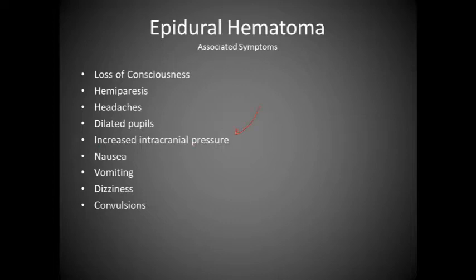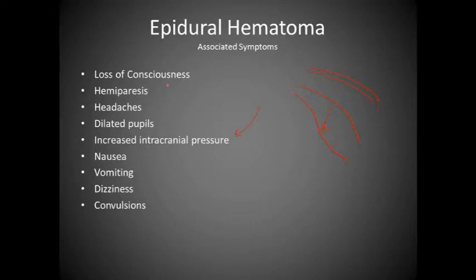The increased intracranial pressure is pretty much self-explanatory because you have the cranium here, and the dura mater should be up next to the cranium. But if you've got blood that is pooling into this area, then you may have this space here, and so that's going to thereby increase the pressure on the brain and cause many different things like consciousness changes, difficulties in doing many things, or having severe headaches, things like this.